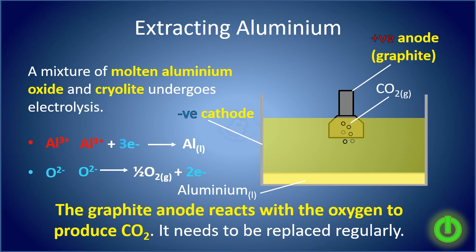When the oxygen reacts with the graphite, the carbon dioxide gas escapes, so it's taking that mass of carbon within the anode, and it's causing it to shrink, and eventually they shrink that much that they need to be replaced. So that could be maybe every 4 weeks or whatever, it might need to be replaced. The reason why we're looking at that is because it's another chemical reaction, but it's another question that they could ask you where you could pick up marks.